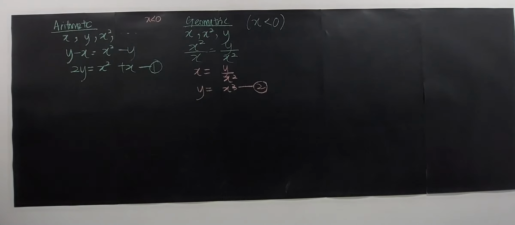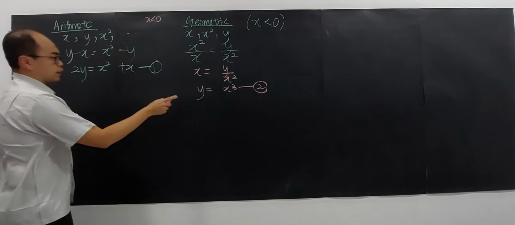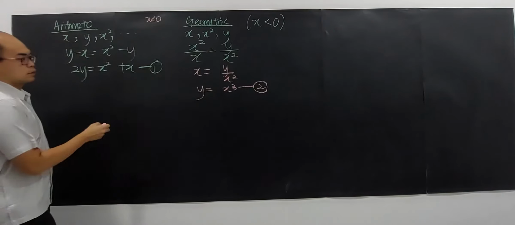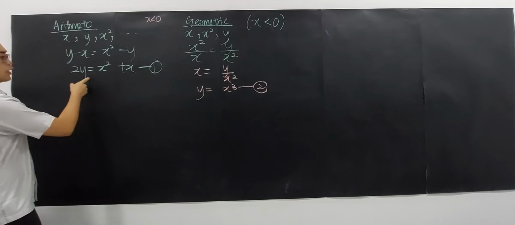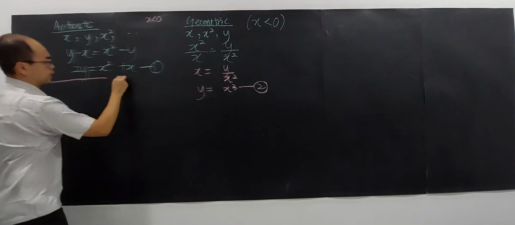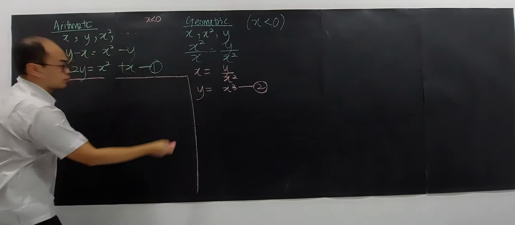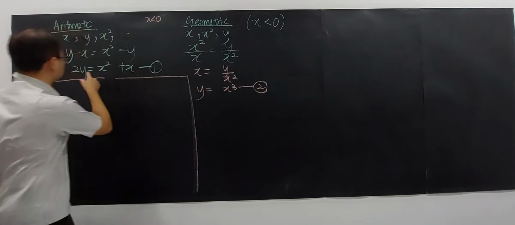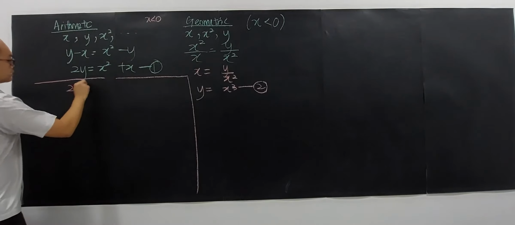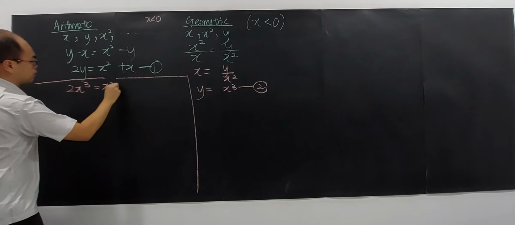Now you can solve these two equations by substitution. Replace the y in equation 1 with x cubed: 2x cubed equals x squared plus x.